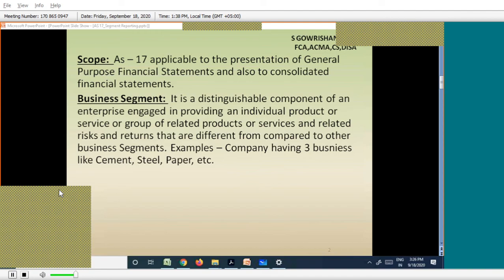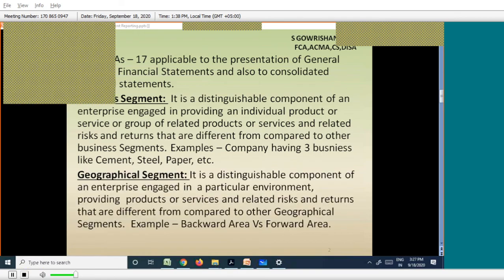Then the next one is geographical segment. It is a distinguishable component of an enterprise engaged in a particular environment, providing products or services and related risk and return that are different compared to other geographical segments.